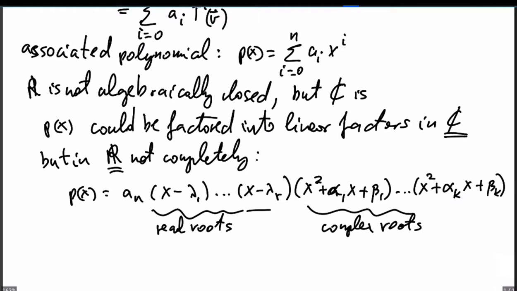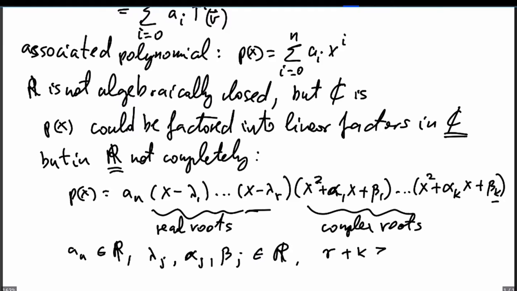We already know an is a real number, but also these lambdas are real, alphas are real, and betas are real, and altogether we have the number of real roots r plus the number of complex roots, which is k, larger than or equal to 1.